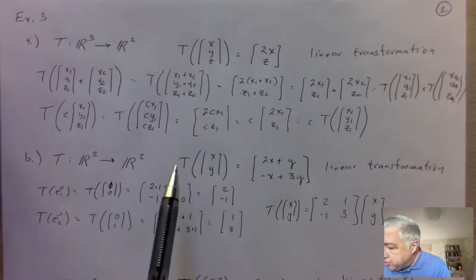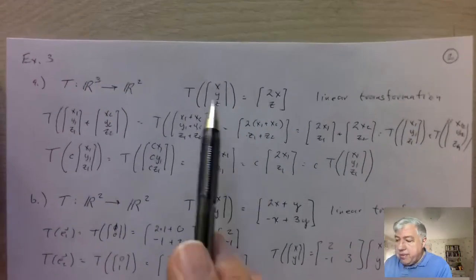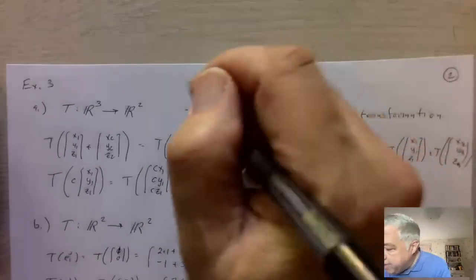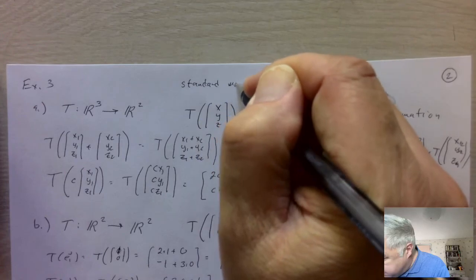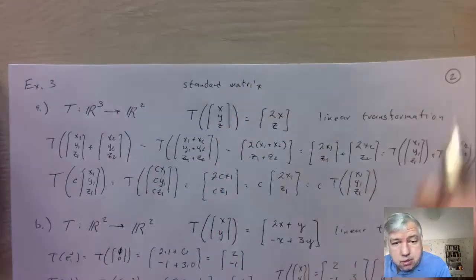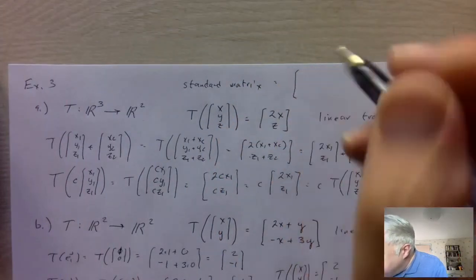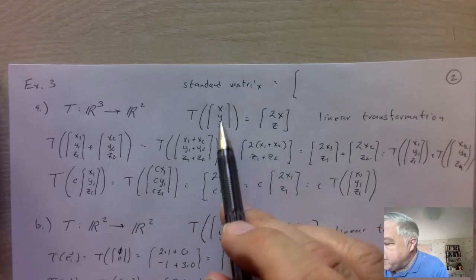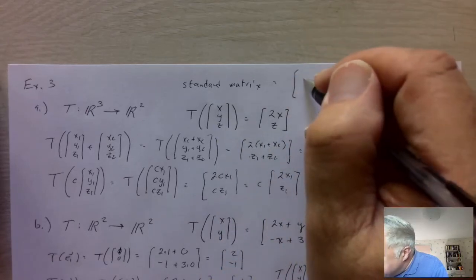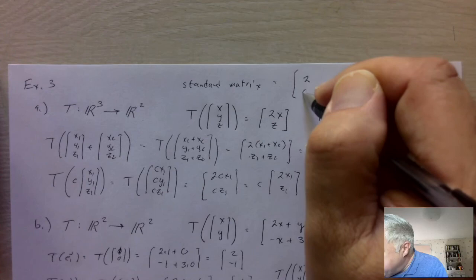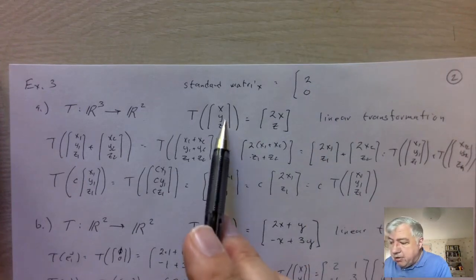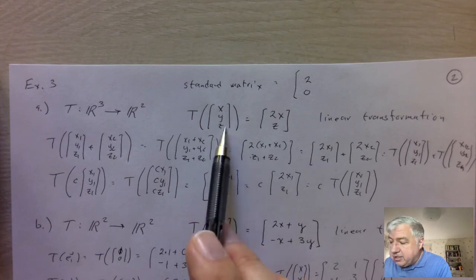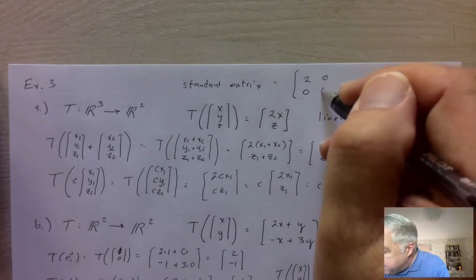You can also check what the standard matrix for example 3 would be. For (1, 0, 0), that would just be 2 times 1 and then 0. For T of (0, 1, 0), that's when y is 1 and x and z are both 0, so this would be 0, 0.